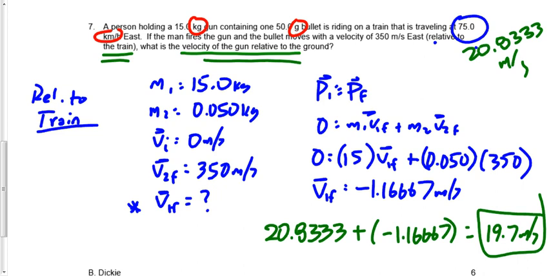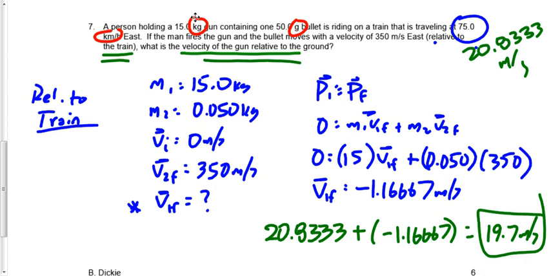Now, it is conceivable, just because of the numbers involved here, to get 19.7 but not do it correctly. So just watch to make sure that you've done the question correctly. Okay? If you've done it this way, good, you've done it correctly. If you've done it relative to the ground right away, you've done it correctly.